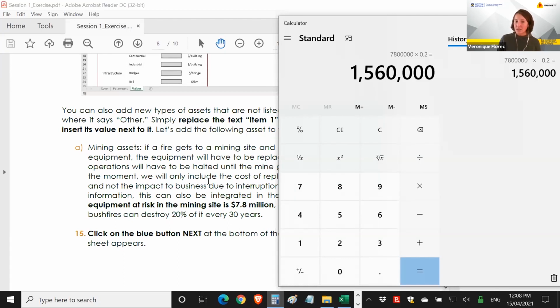But that's every 30 years. So if I divide this by 30, roughly on average per year, we could see damage of 52,000. This is very rough, okay? It's just one event every 30 years that I'm accounting for. I'm not looking at any other events. But roughly, this is the information that I have, and that's what I'm going to go with.